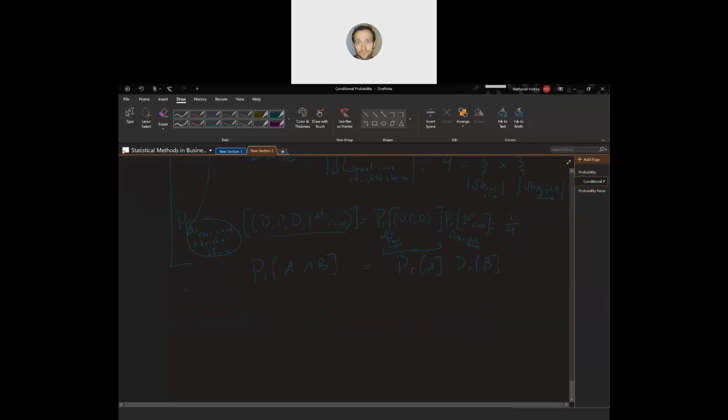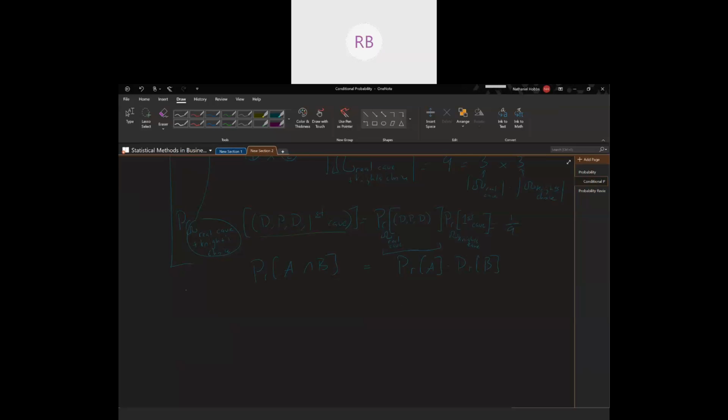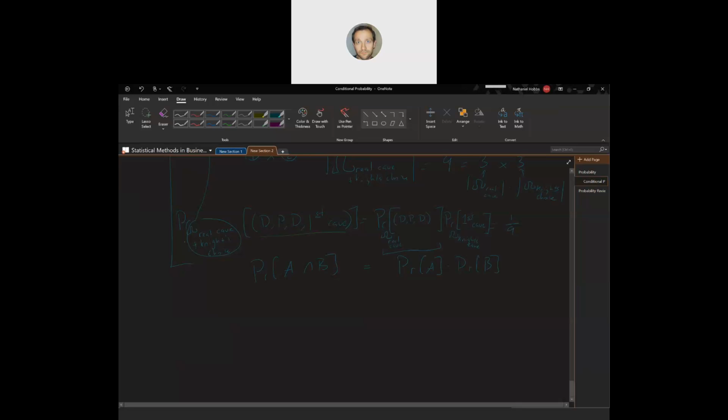This is one event that we've defined. Would there be 9 options? 9, yeah. And 8 more, all equal to 1/9.